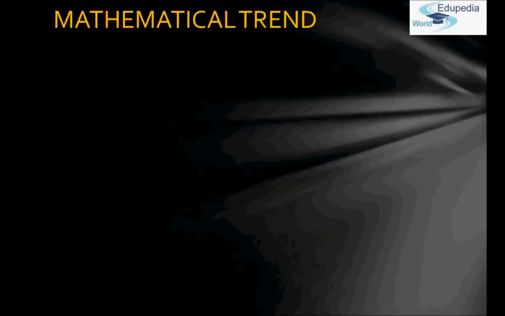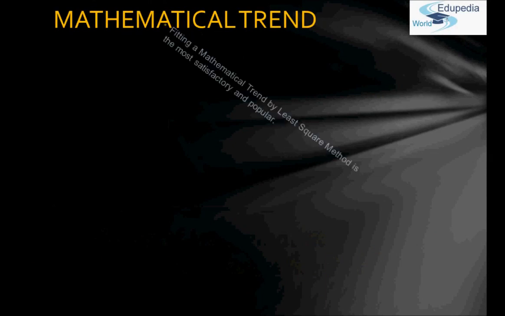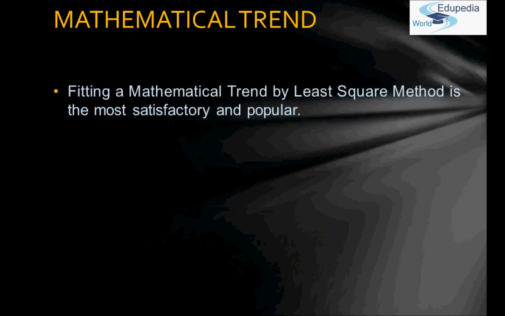Let's begin with the understanding of what mathematical trend is. The method of mathematical trend to given time series data is perhaps the most popular and the most satisfactory method of finding the trend.